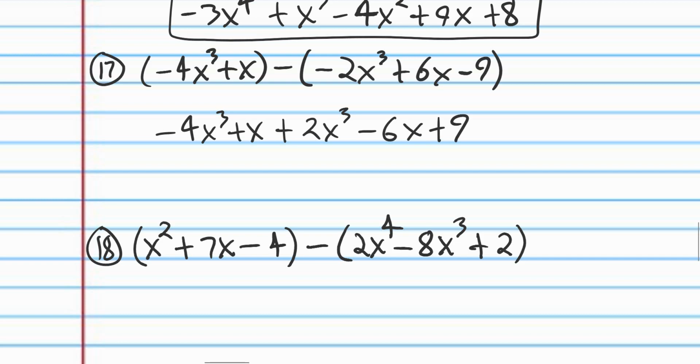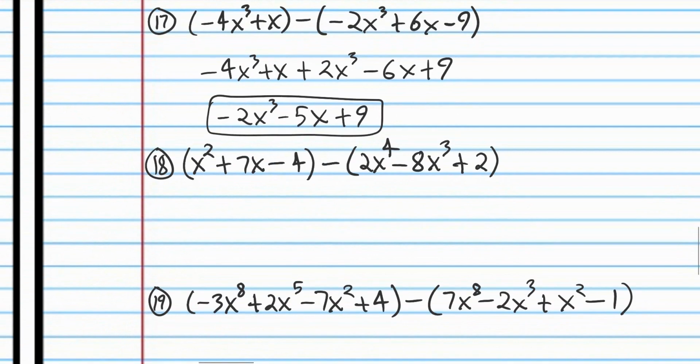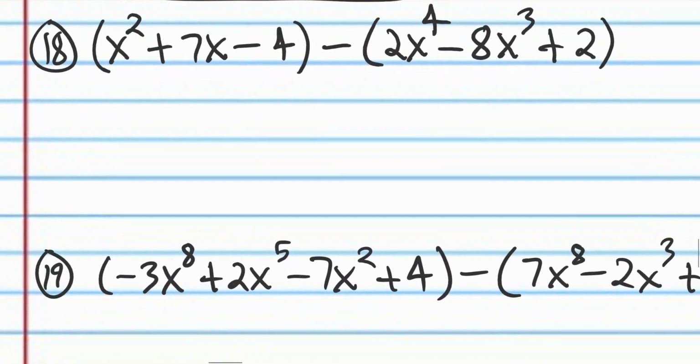All right, that looks correct, and we're going to combine the cube terms to get negative x cubed, and we get negative 5x plus 9. So if you got that answer, good job. All right, try number 18, and when you come back, we'll do it together.